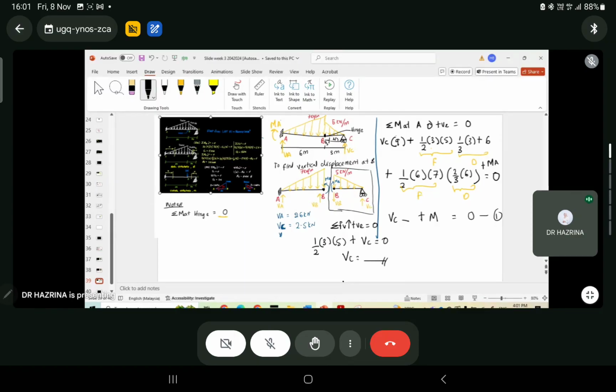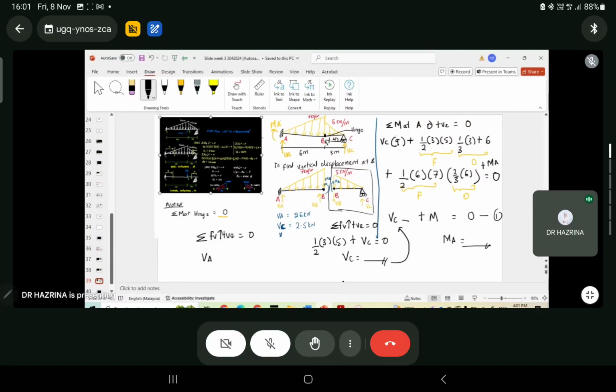So bila you dah dapat this VC, you can put in here and then you will get your MA. So bila you dah dapat you punya MA and then you dah dapat you punya VC, you can use the same formula which is summation of forces vertical positive equals to 0. You boleh guna summation forces vertical positive equals to 0.